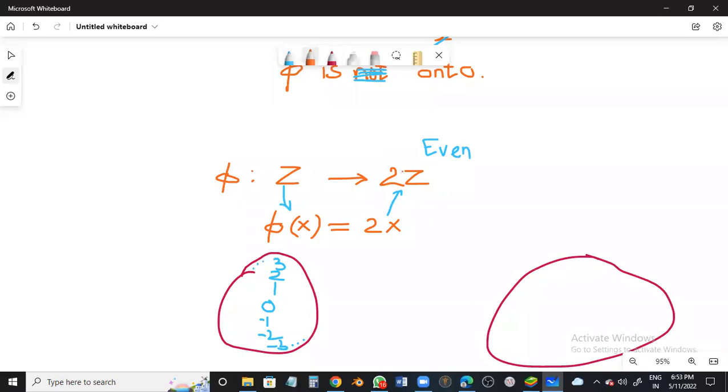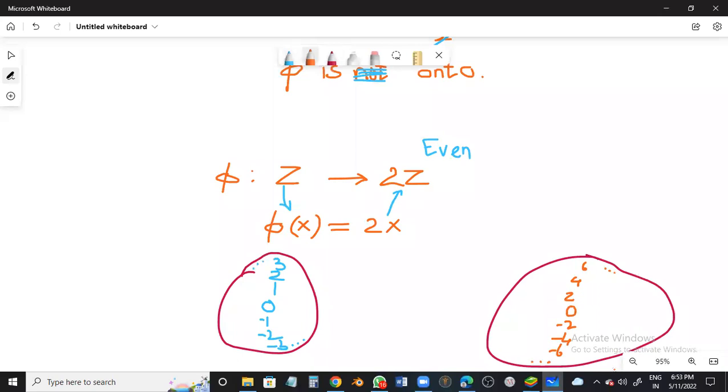What are the members of 2Z? Is 0 a member? Yes, 0 is there. 2, 4, 6, and so on, 8. Okay. What are the next members? -2, -4, -6, and so on.